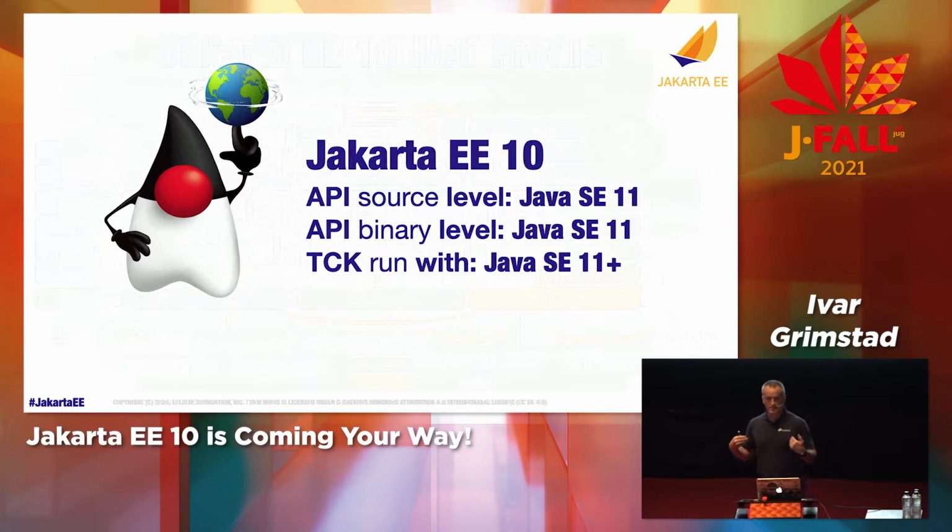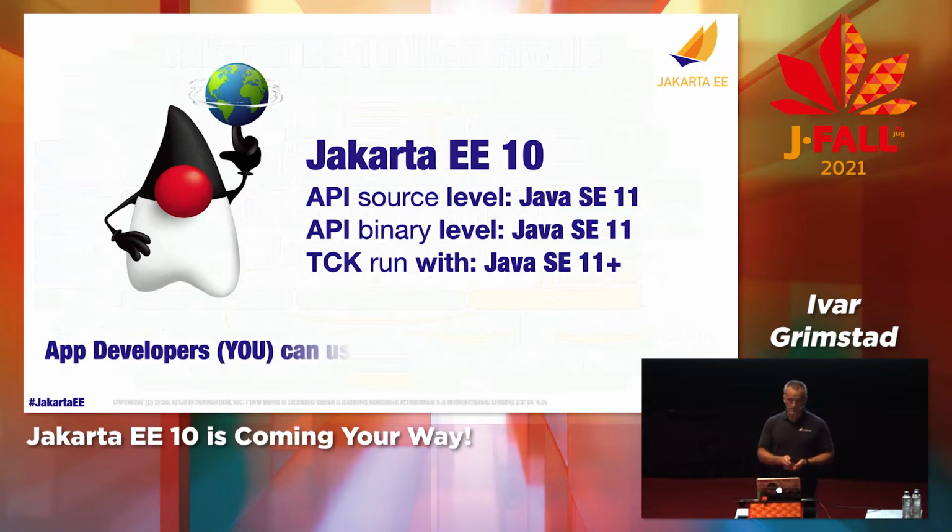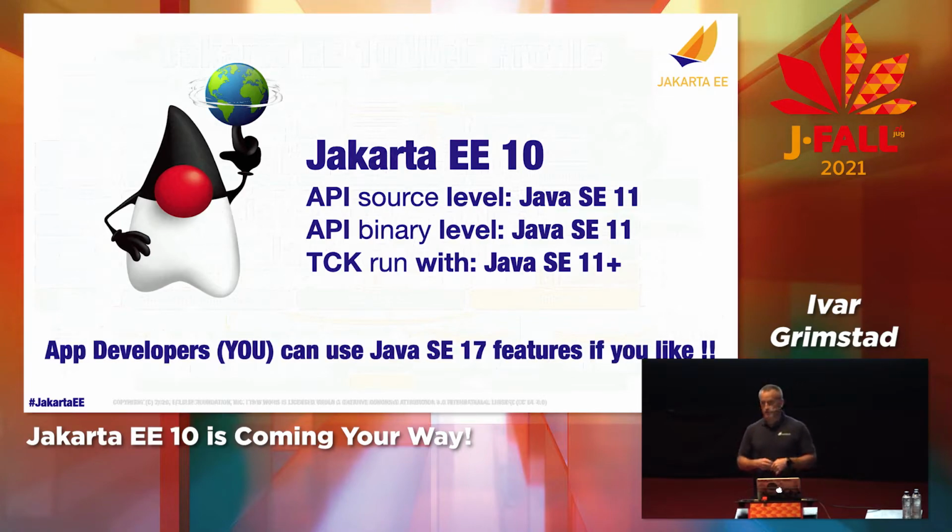But the TCK platform team will make sure it runs on 11 and 17. And that means that for us as app developers, you can use Java SE 17 features with Jakarta EE 10.